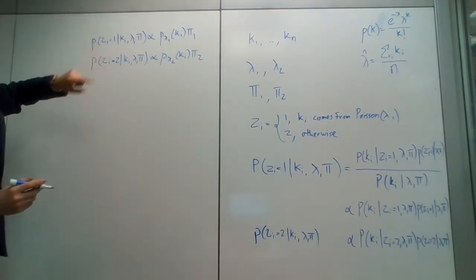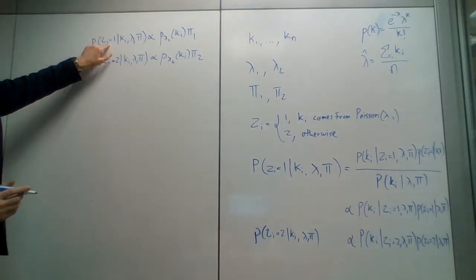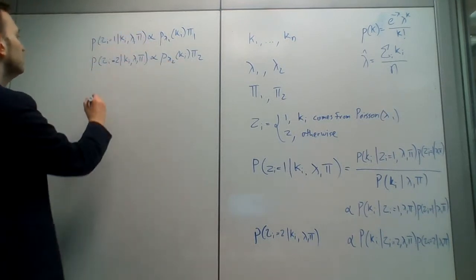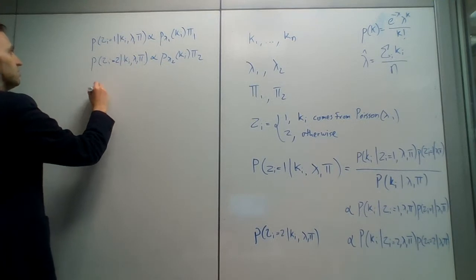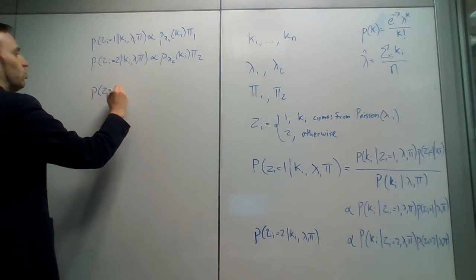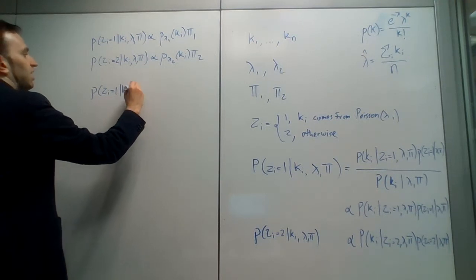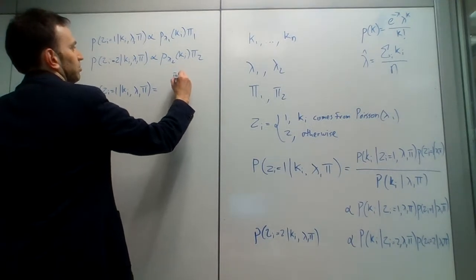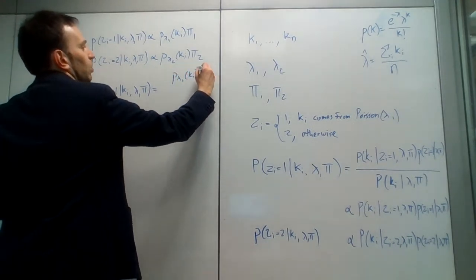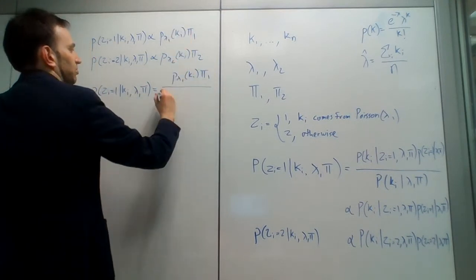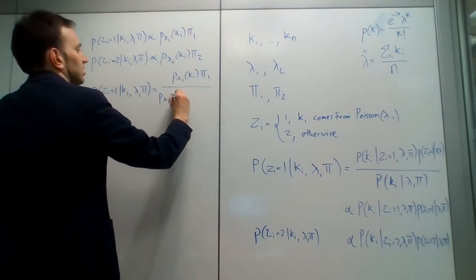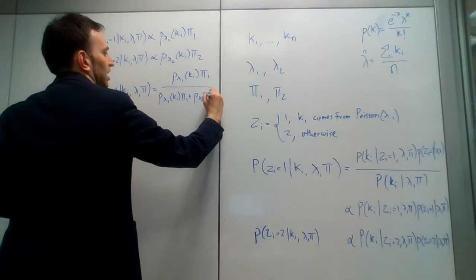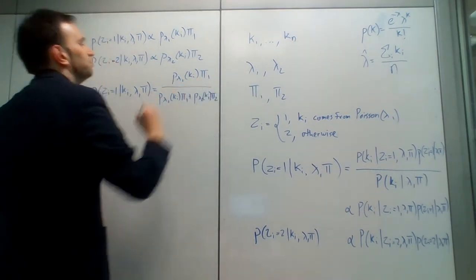And now we're done. In order to get the exact thing, we just need to say that these are proportional and they both add up to 1, which means that the probability of zi equals 1 given ki, lambda, pi is equal to p lambda 1 of ki times pi 1, divided by the sum of these two: p lambda 1 of ki times pi 1 plus p lambda 2 of ki times pi 2.